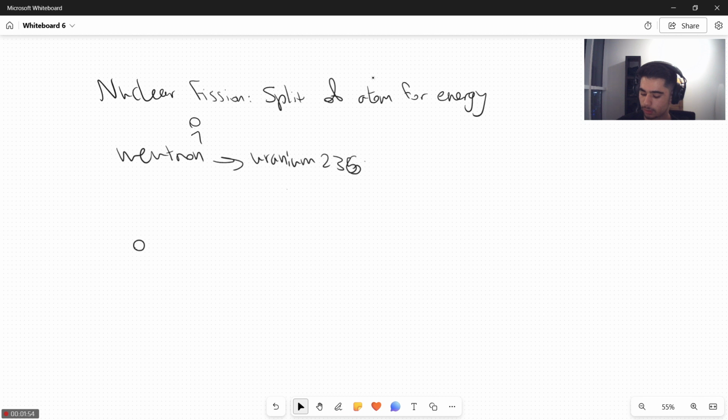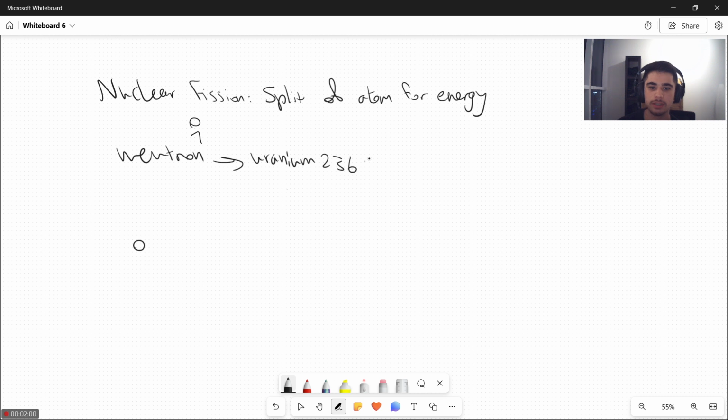Okay, no, I don't like that. Let's make it into an actual thing. So it becomes uranium-236, and when that happens, the uranium is very excited. It's very unstable, and the unstable nucleus, which is the uranium, splits into two different atoms.